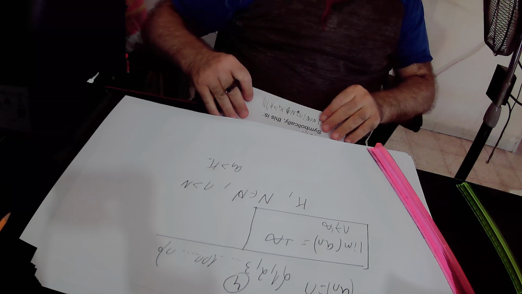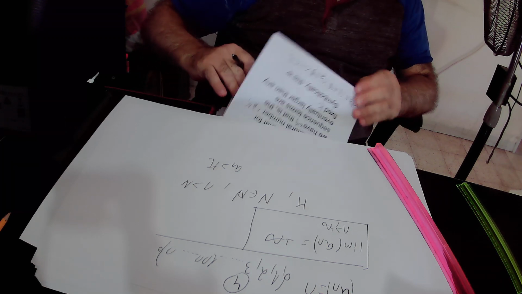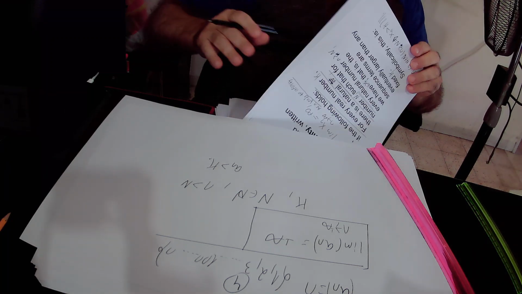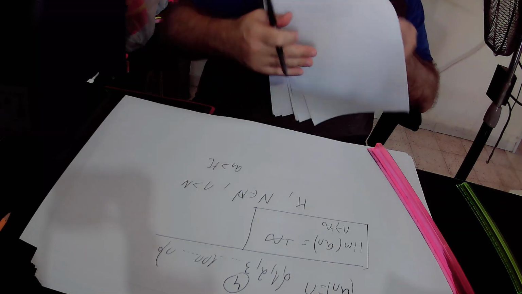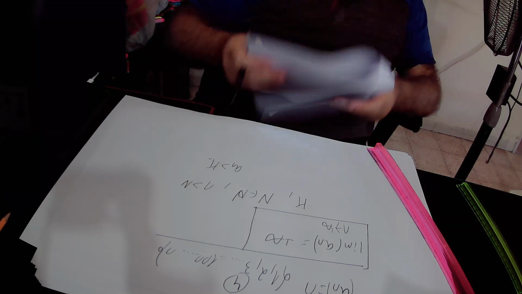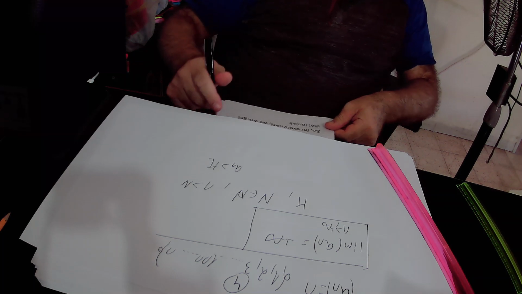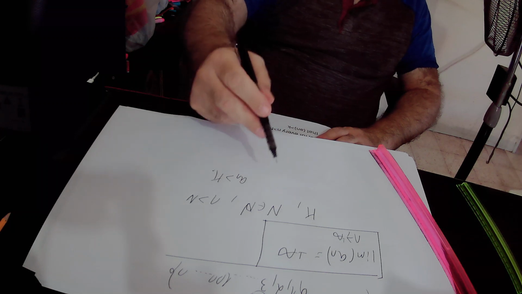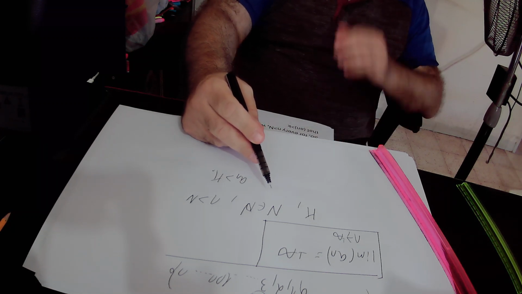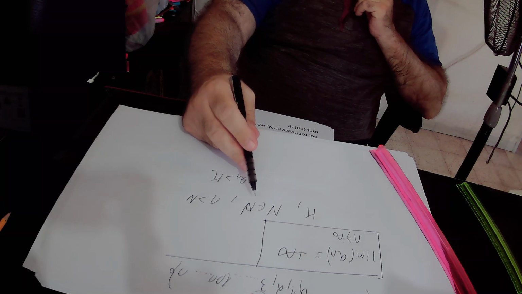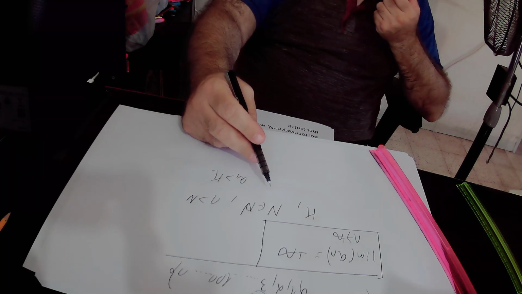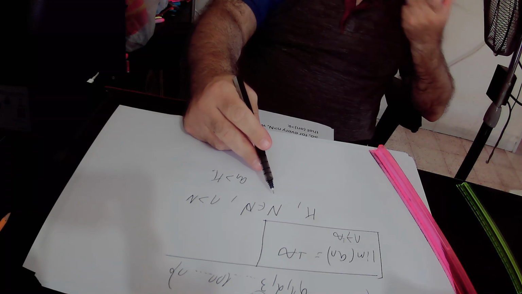So here we will choose N. You give me the number k that is as large as you want, and I will give you the index capital N that is a natural number, and I can choose the N that I will give you.